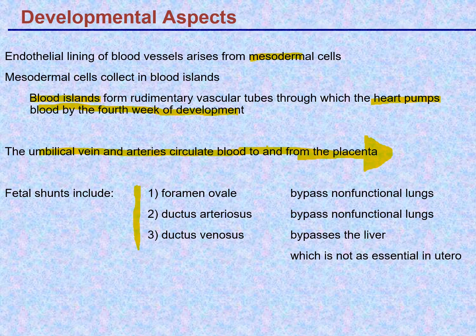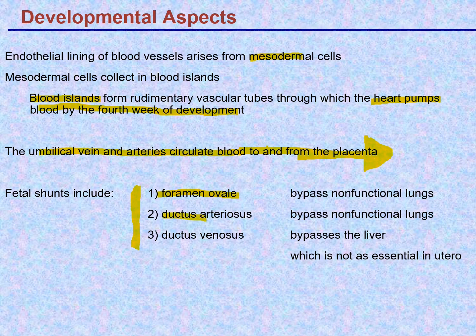Fetal shunts that are present only in the fetus are important to understand. Realize there is a shunting around the lungs. There is blood sent to the lungs from the heart, but not that much because the lungs aren't breathing any air. So you do have the foramen ovale, which is a hole in the wall between the right atrium and the left atrium.